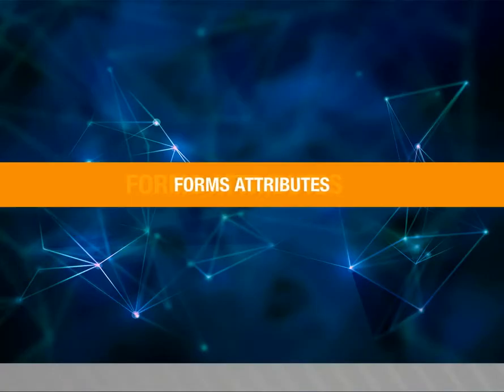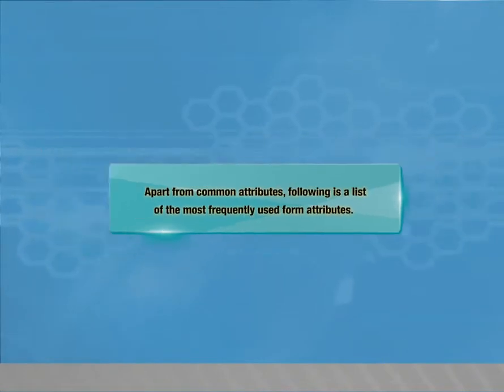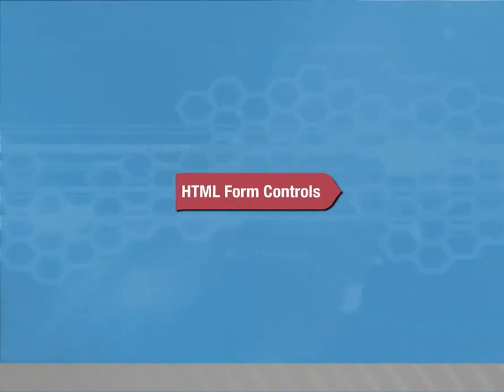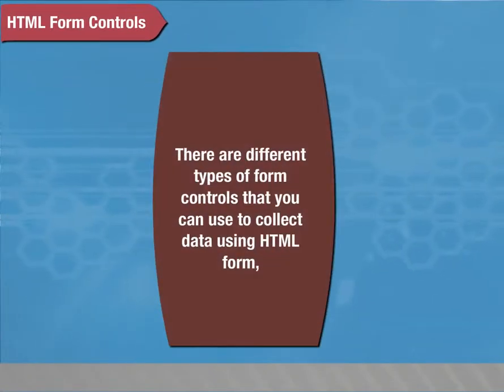Form attributes. In this video, we are going to see about form attributes. Apart from common attributes, following is a list of the most frequently used form attributes. HTML form controls. There are different types of form controls that you can use to collect data using an HTML form.